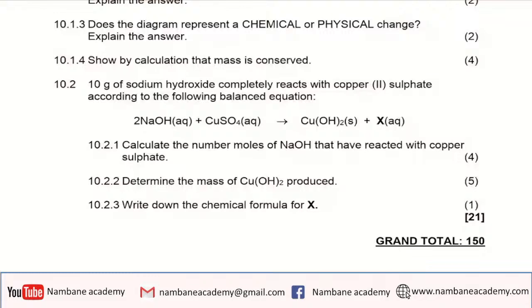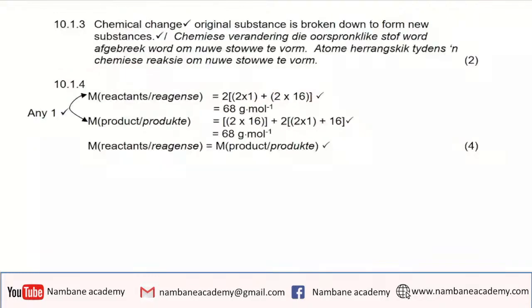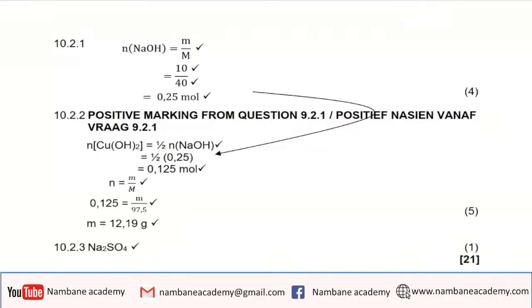For that one, the distribution of the marks: we calculate the number of moles of sodium hydroxide as the mass divided by the molar mass, which is equal to 0.25 moles. 1 mark for the formula, 1 mark for each of the substitutions, which is 2 marks, plus 1 mark for the final answer, 4 marks for that one there.